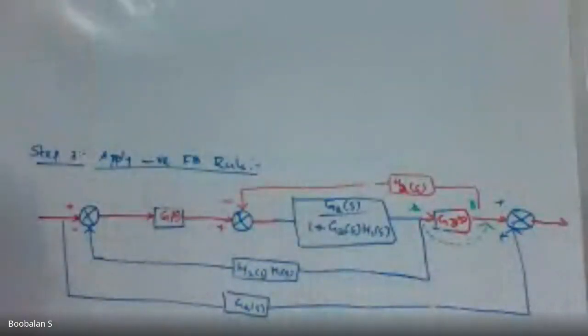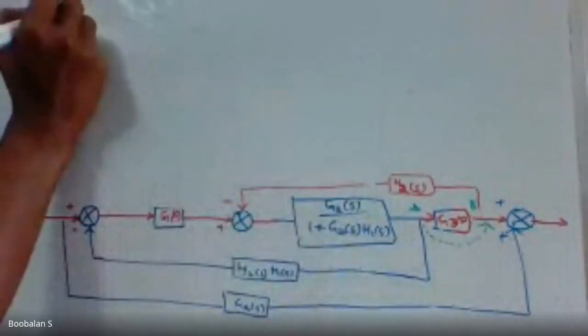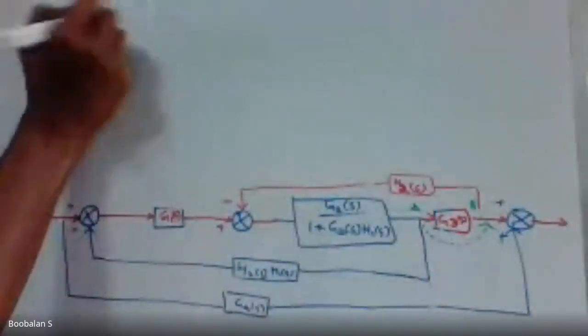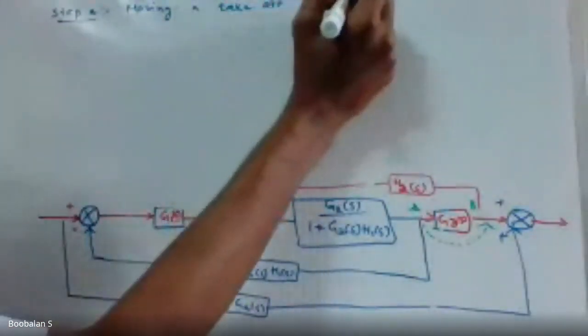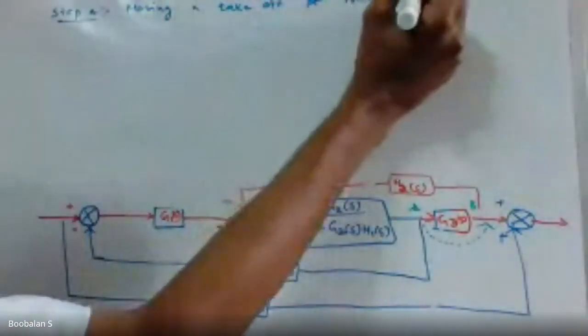Now step 4. I'm going to use the same diagram. I couldn't draw one more time, but if you need to draw it separately, then draw: moving a takeoff point from A to B. I need to draw the remaining things.